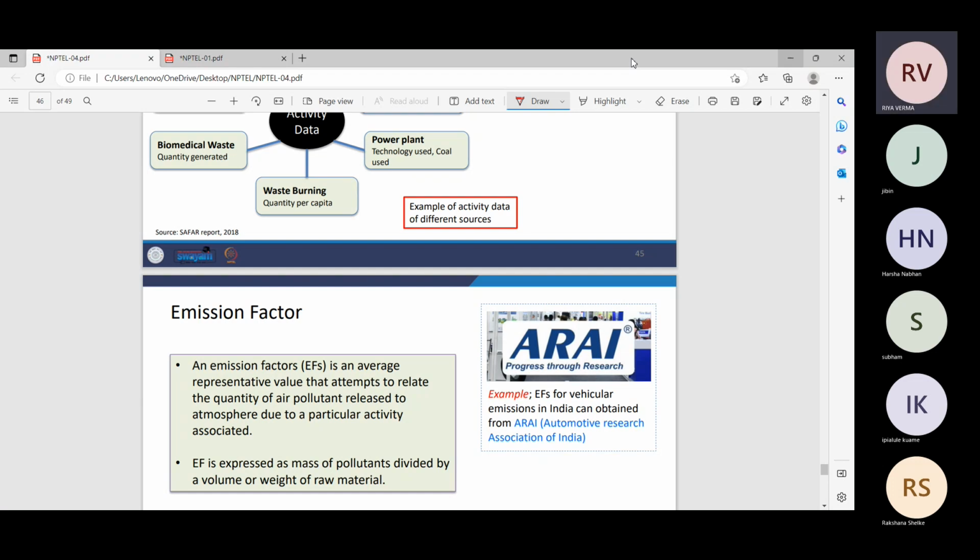Twenty-fifth, application of remote sensing or satellite data in air quality management. This one?